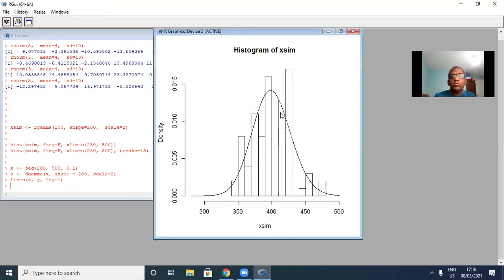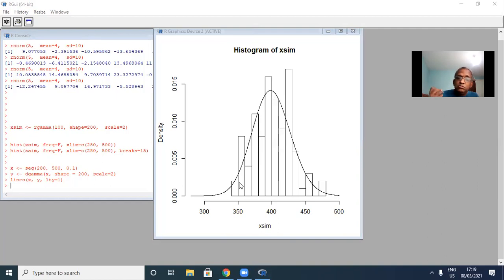All right, you see what is happening here. The black line here is the density of the gamma distribution that we use to simulate the data. So as you will expect, it should be a good match for the histogram, because the histogram represents the data that we simulated from.